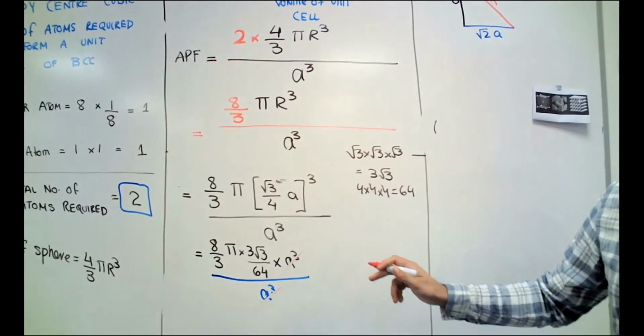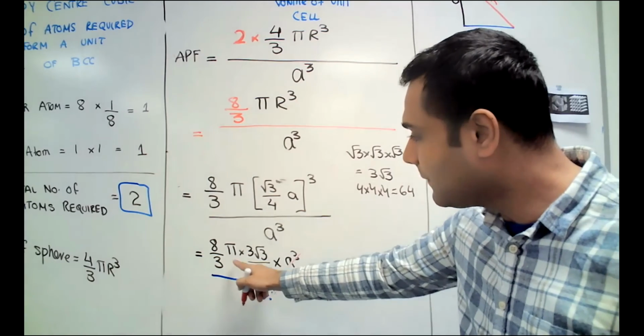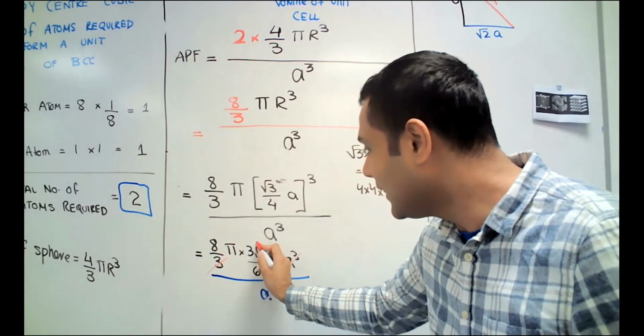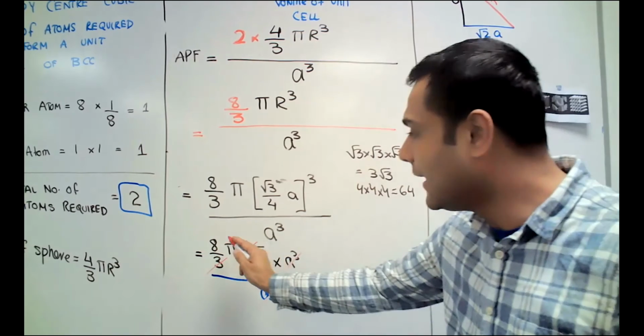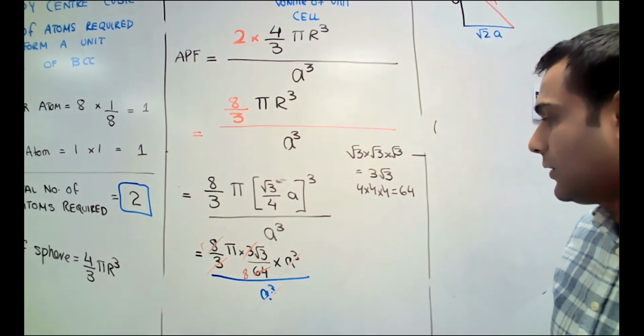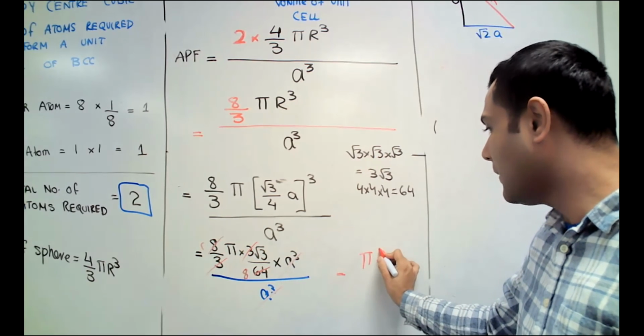Now I got the other bits left. This 64 and this 8 can cancel out, and this 3 and this 3 can cancel out. 8 times 1 is 8, and 8 times 8 is 64.